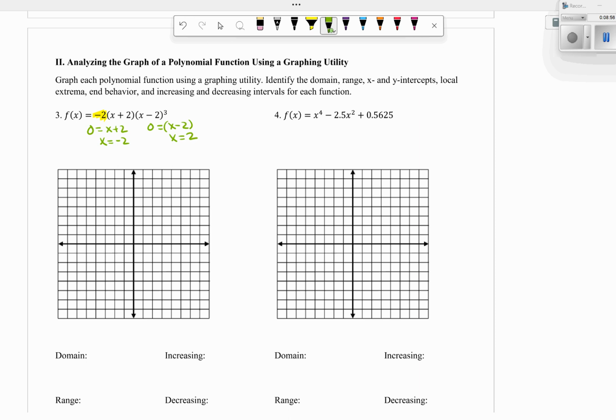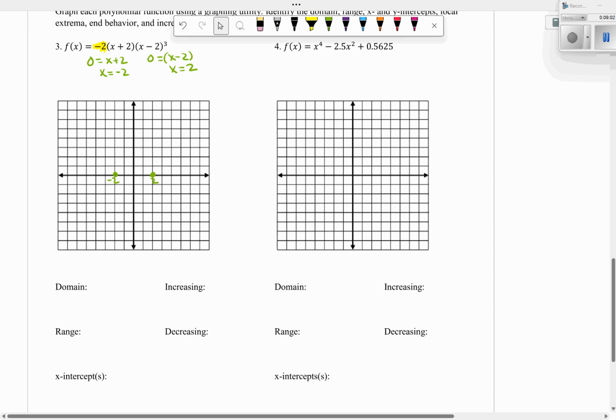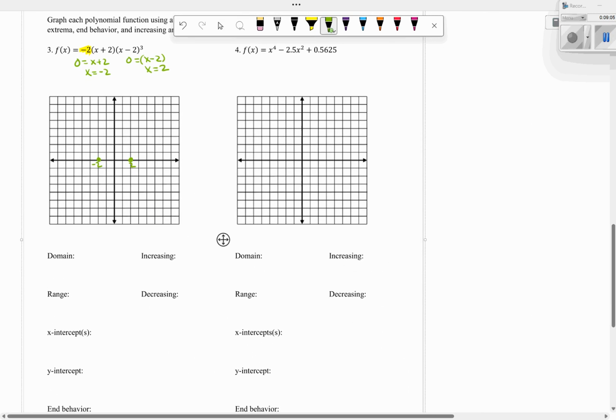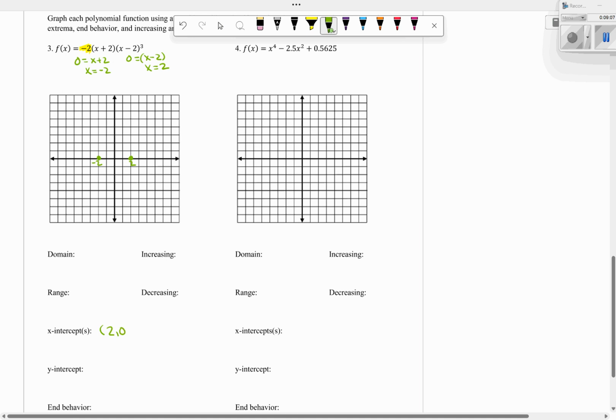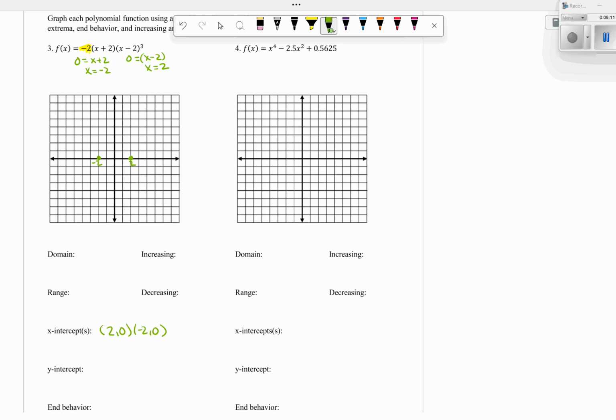So on my graph, we have 2 and -2 for our x-intercept. So I'm going to go ahead and write that down here. So 2, 0, and -2, 0. Let's go ahead and find the y-intercept. So if we plug 0 into the function for x, we would get f of 0 equals -2 times 0 plus 2 and 0 minus 2 cubed.